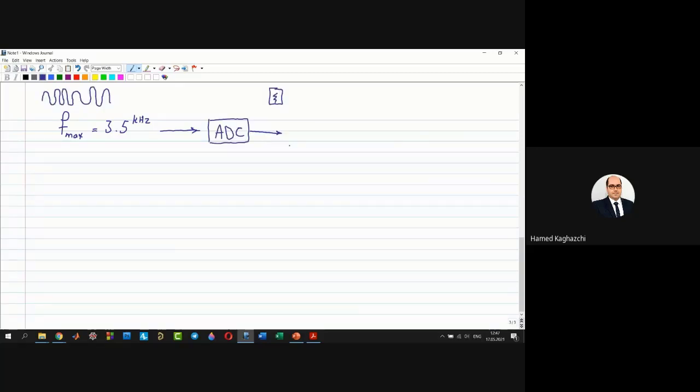For converting analog to digital, we have to sample this waveform. Now, we sample it using a sample rate fs of 8 kilohertz.